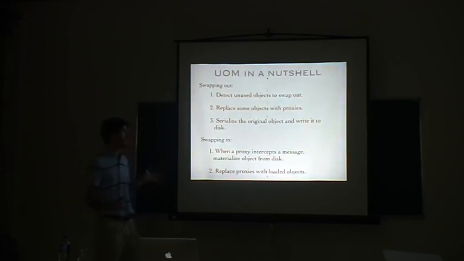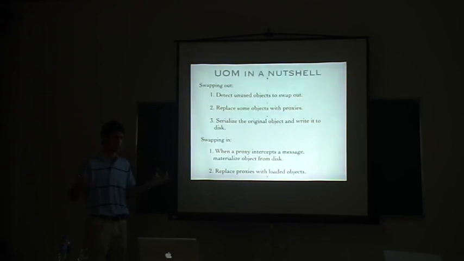So, in a nutshell, in very few words, what this unused object manager does is detect some unused object and swap it out, so it replaces some object. We will see maybe it will be just the root of the graph, or maybe some other object will be replaced by proxies, and then we serialize the object that we want to swap, and we send it to a file or a network or somewhere outside the primary memory.